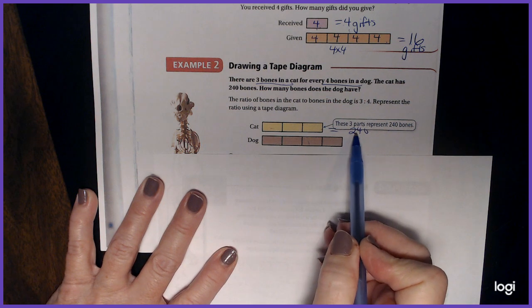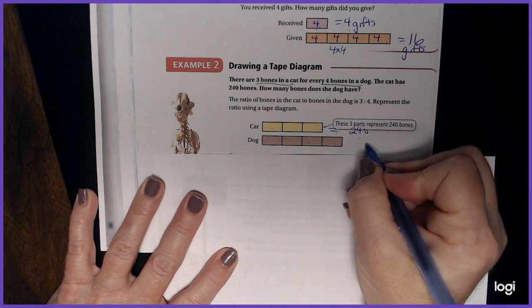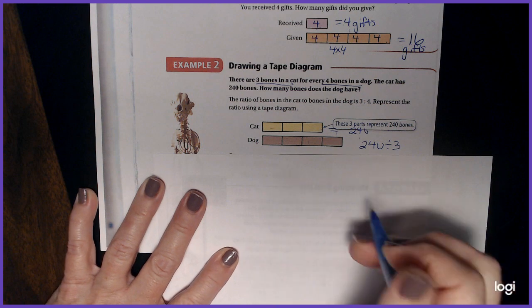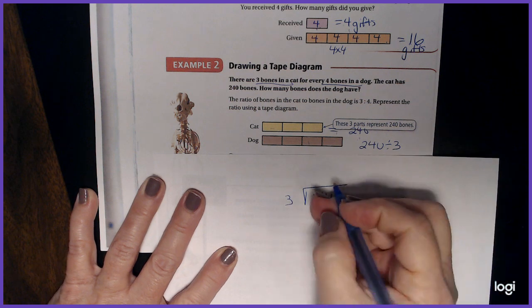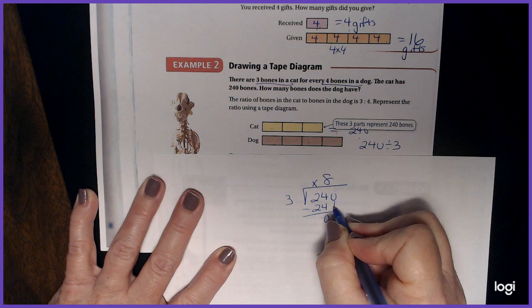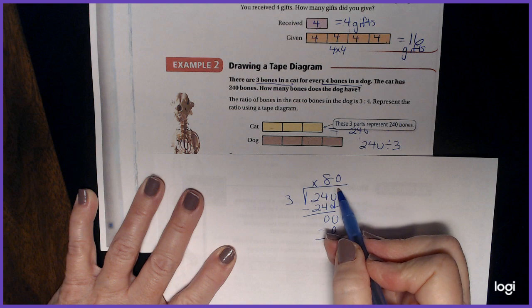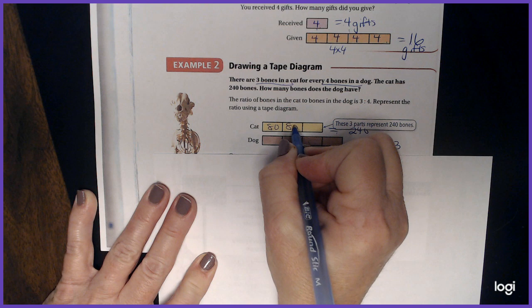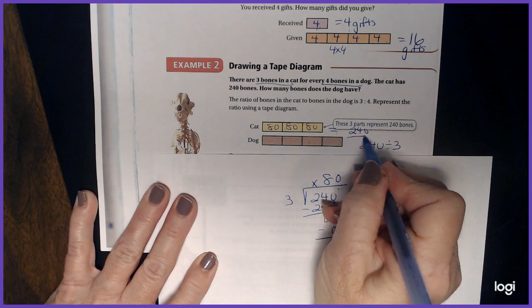Well, I have to take this 240 and divide it into 3 boxes. So I'm going to do 240 divided by 3. Most of us know that if I do it with long division like this, and bring down my 0, I find out that in each box I'm going to have 80, because 80 3 times equals 240.